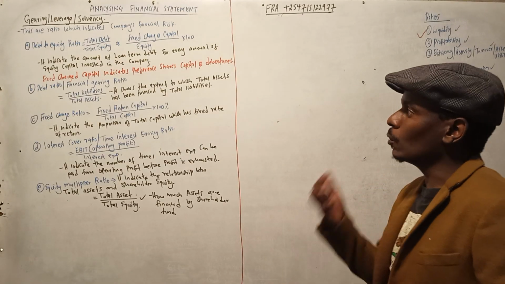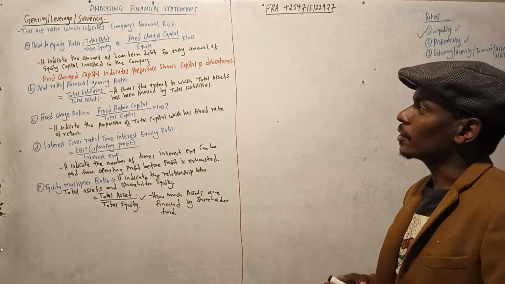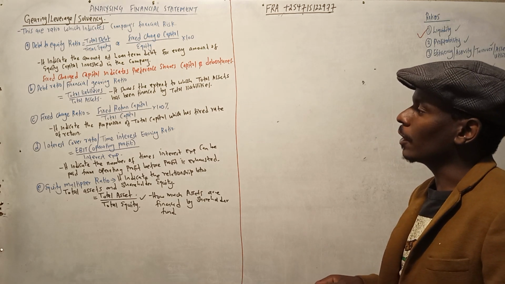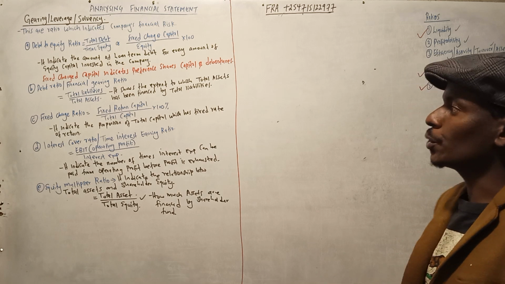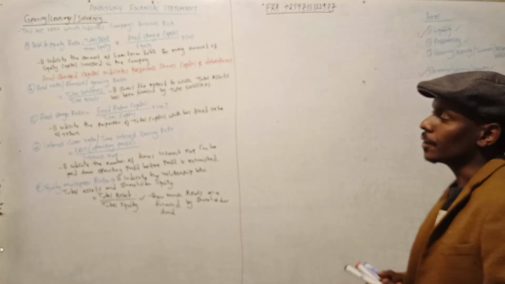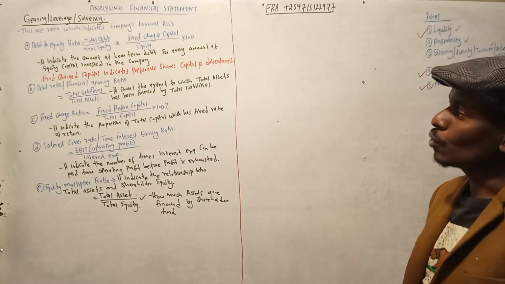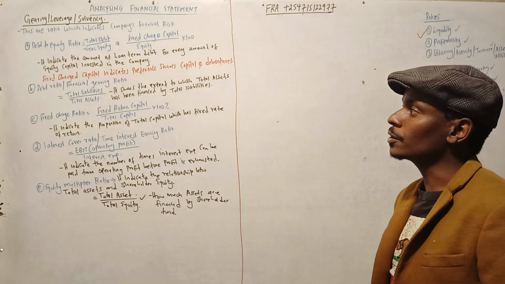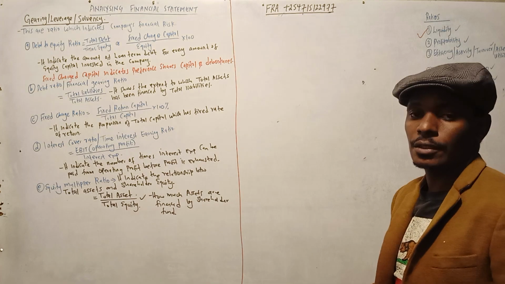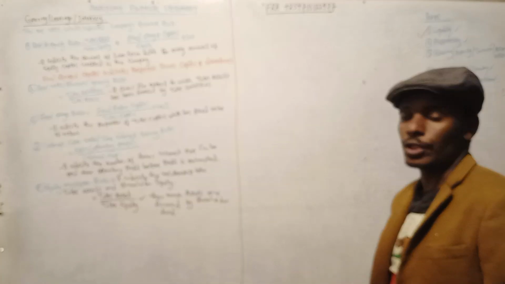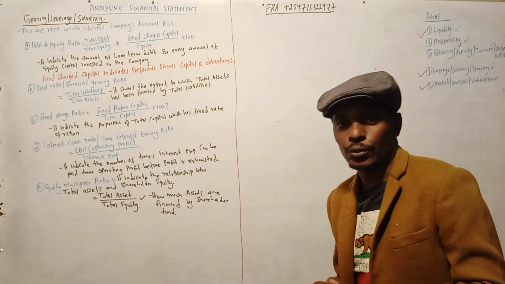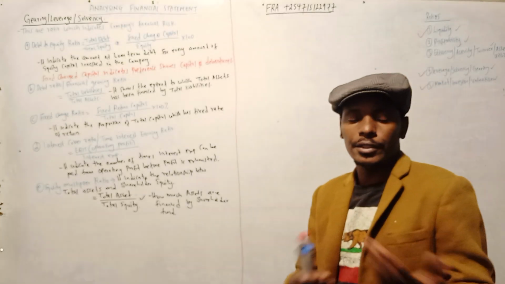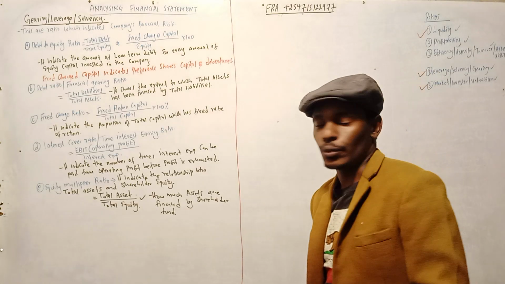It indicates the amount of long-term debt for every amount of equity capital invested in the company, so the extent to which debt is used when we compare it with equity.